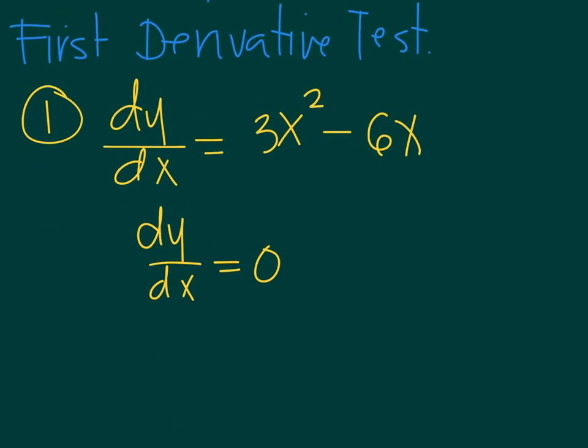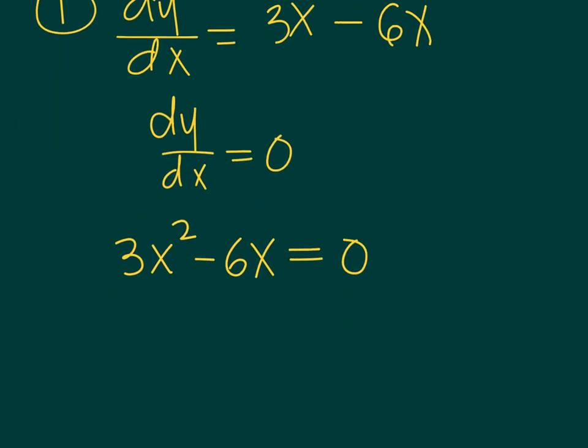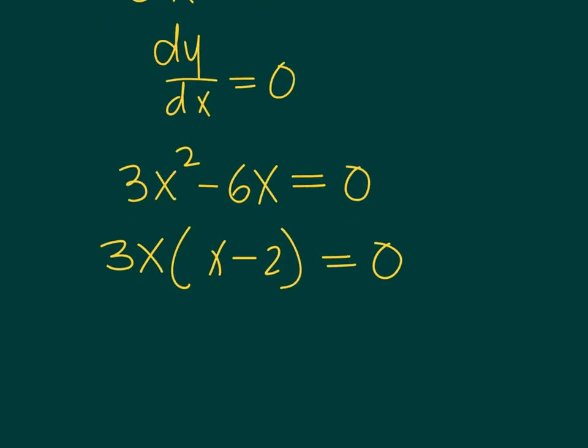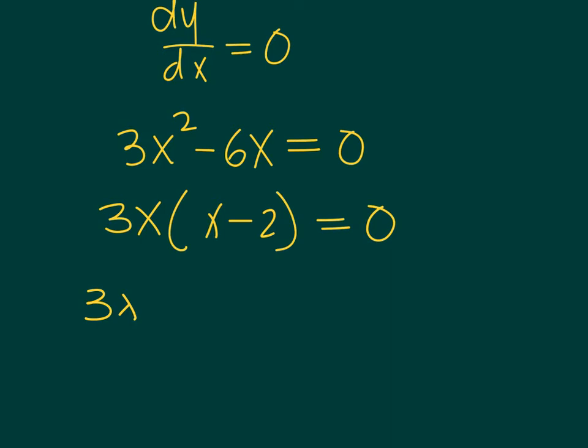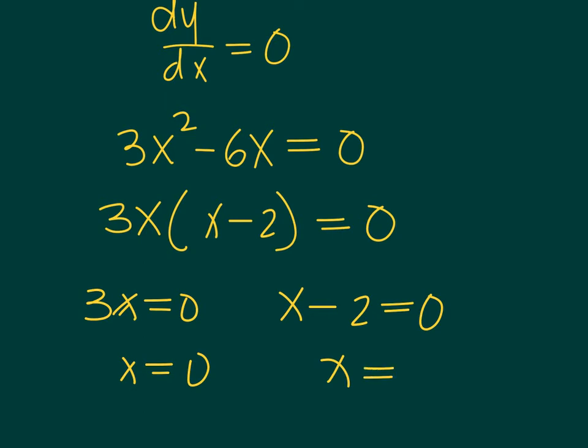So that means taking 3x squared minus 6x, setting that to 0, we will be able to identify the x. And then we just solve this equation by factoring: 3x(x minus 2) is equal to 0. So that means 3x is 0 or x minus 2 is 0. And this will give us two values: x equals 0 and x equals 2.